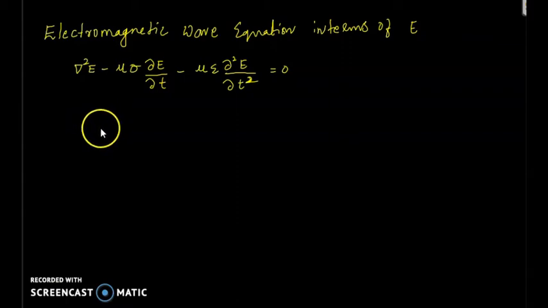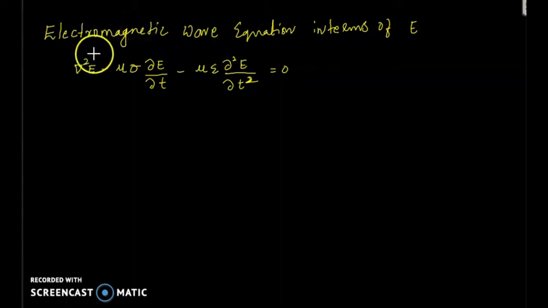I advise you to watch this video to understand how we can derive the electromagnetic wave equation in terms of magnetic field intensity H. This is the first wave equation we derived.